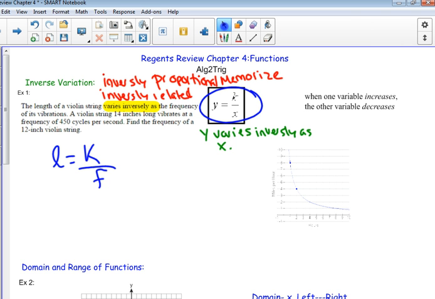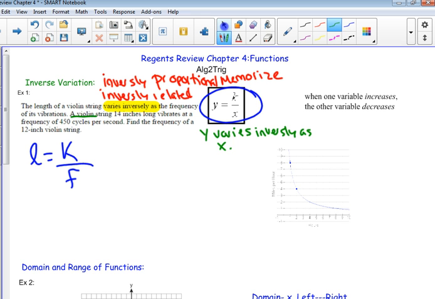Now, once you guys have your little formula that you're going to use, we're going to do some substitution. A violin string, 14 inches long, vibrates at a frequency of 450 cycles per second. So what do you guys want to put in place for the L? 14. Great. Equals K over 450. Perfect. You've got to find K. How do we do that?